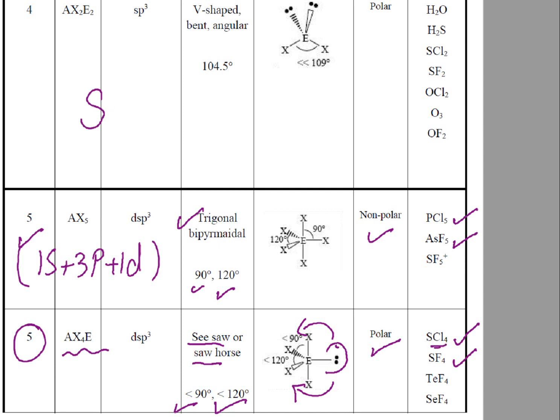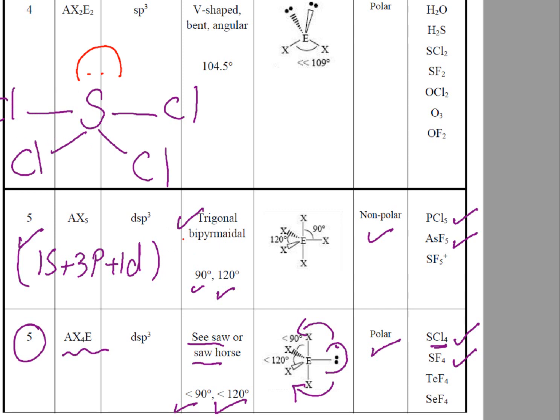And Cl4, so this means that sulfur is going to make 4 bonds with 4 Cl atoms. And because sulfur is surrounded with 6 electrons and it shares 4 electrons with 4 Cl atoms, sulfur will have 1 lone pair.